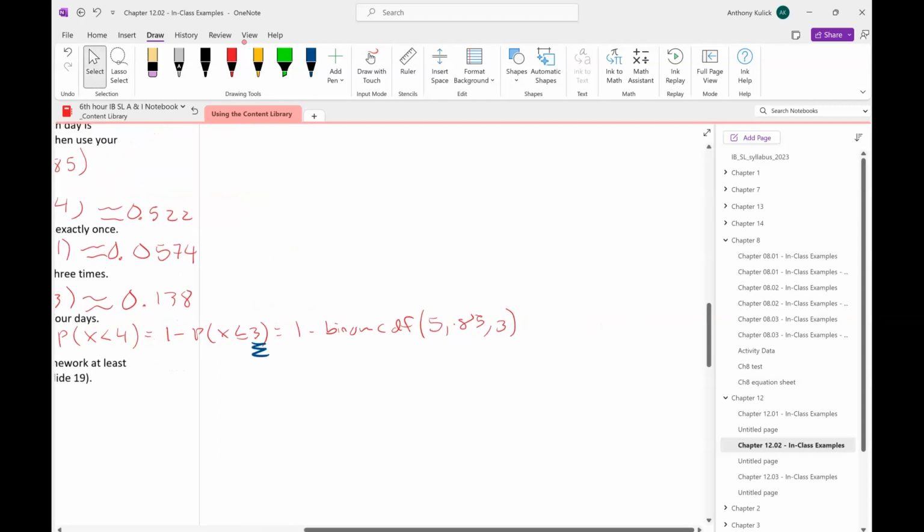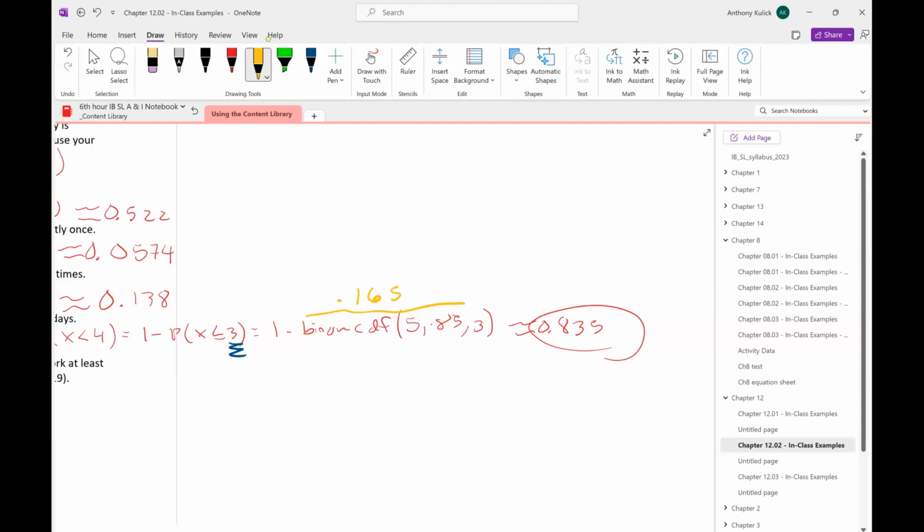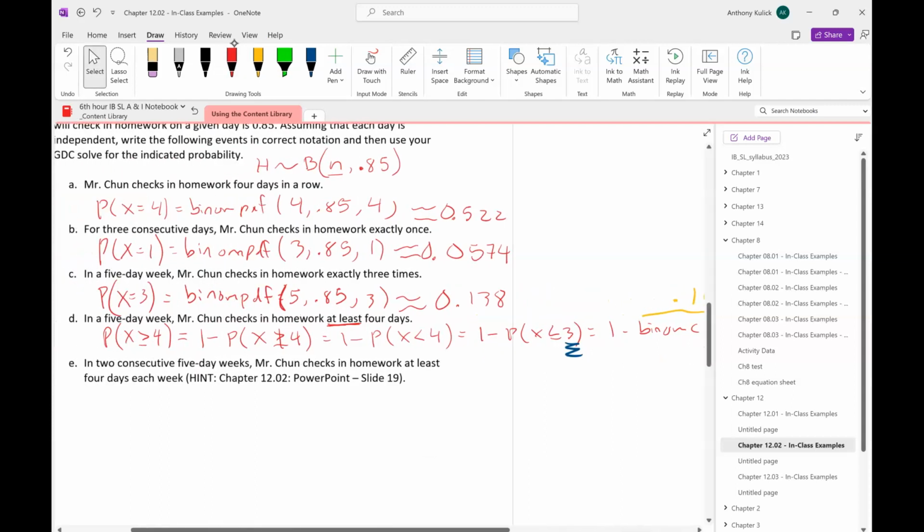So if you type that in, it would be 0.16, but you have to do 1 minus that number, right? So it's 0.83735 or whatever, because you forgot the 1 minus. 0.83. Yeah, because that number is 0.165. Those are tough ones, right?